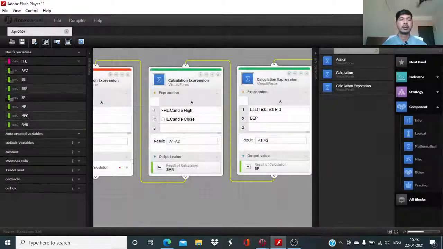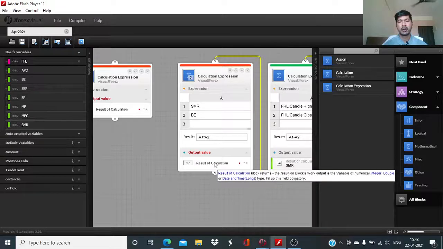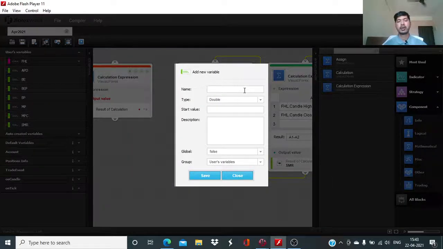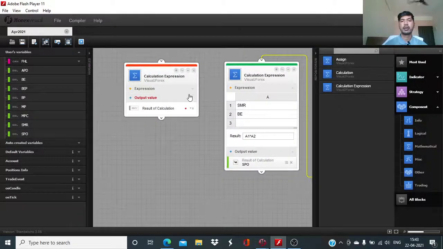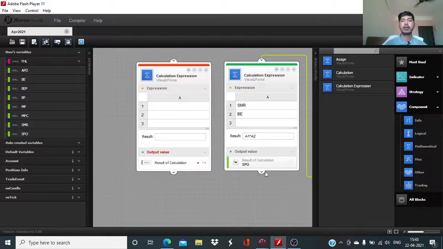So we multiply SMR by BE, A1 into A2, and this will be the sell side pending order requirement. And we add this value to the last tick price.